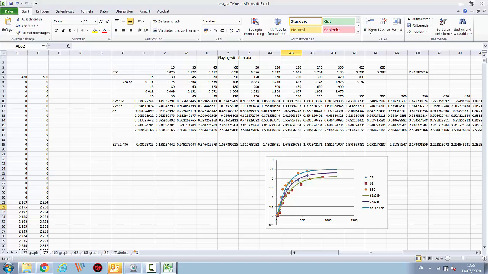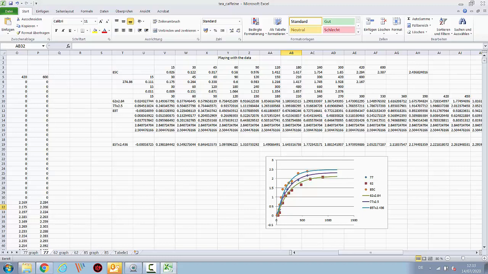That's why the y-axis is not very easy to define, because I've fitted it. I've tried to fit the data curves from the brownness to match the caffeine curves.